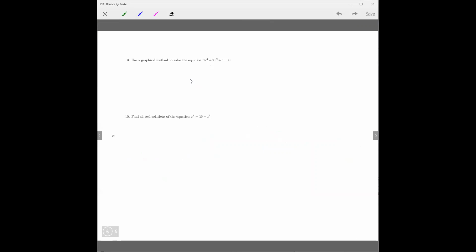number 9, use a graphical method to solve this equation. That's equal to 0, so that's no big deal. So 3x to the 4th plus 7x squared plus 1 equals 0.